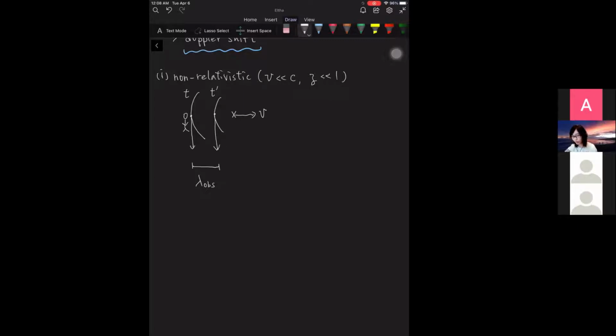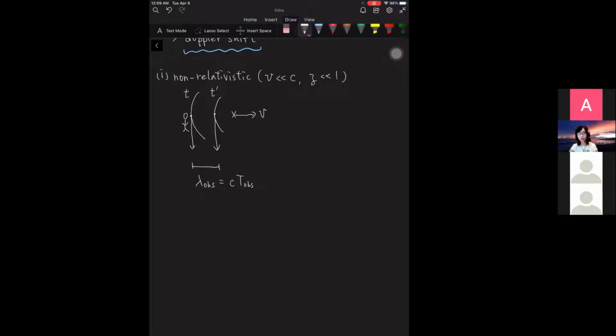Okay, so the observed wavelength is equal to the speed of light times the period, right? Because the period, by this definition, is just the distance between two wave crests. And that period is also the observed period.